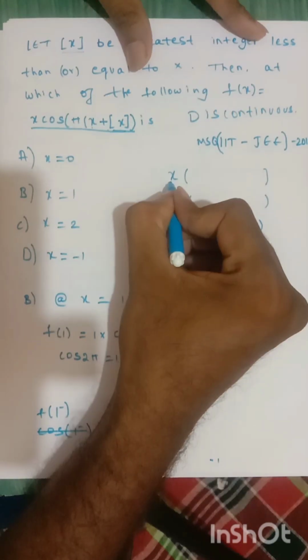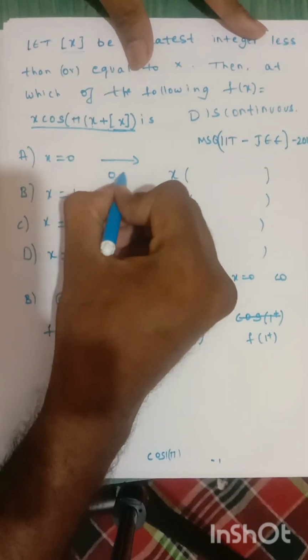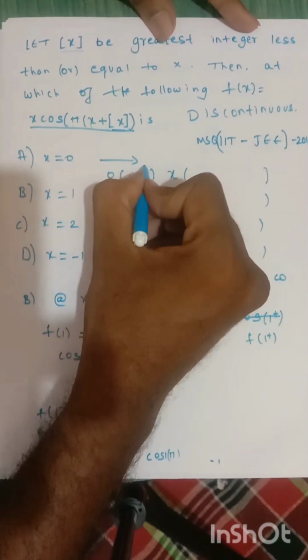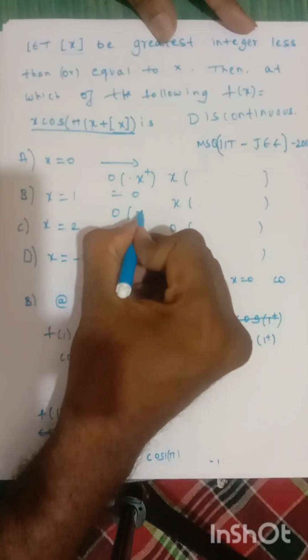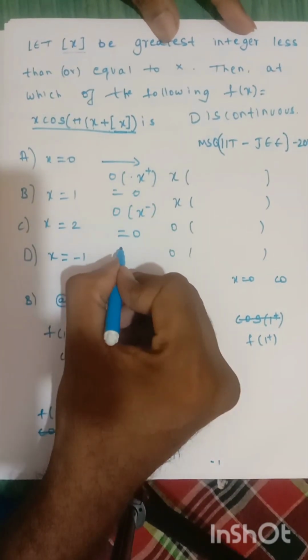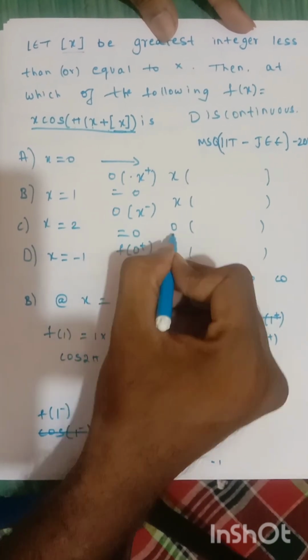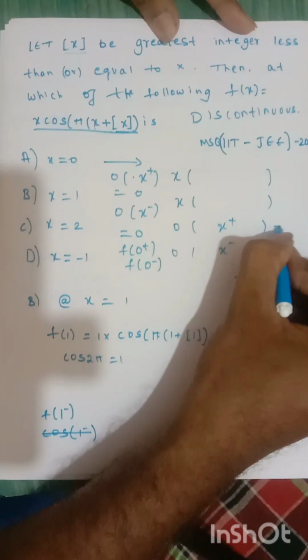If you take x = 0, then 0 multiplied by something, whether from x plus or x minus, will be 0. So there is no problem for f(0+) and f(0−); the value will be the same.